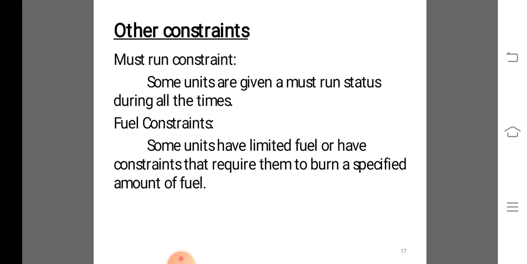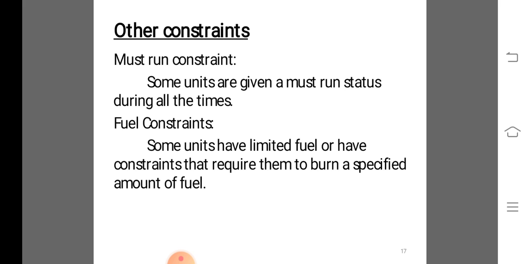Must run: some units are given a must run status during certain times of the year for reasons of voltage support on the transmission network or for such purposes as supply of steam for users outside of the steam plant itself. Then fuel constraints.